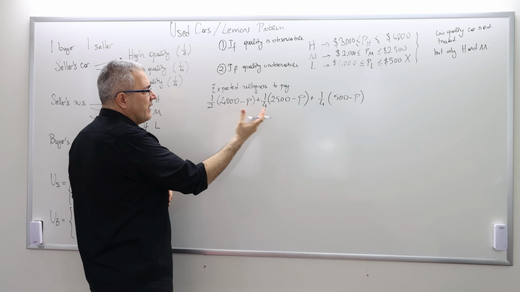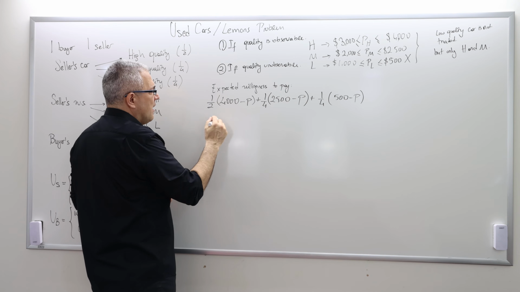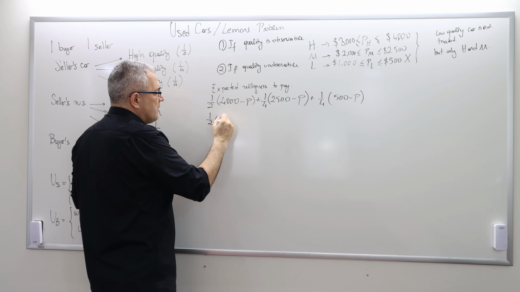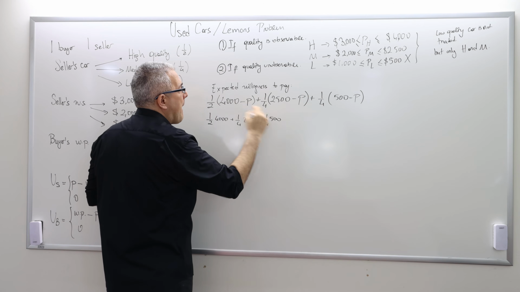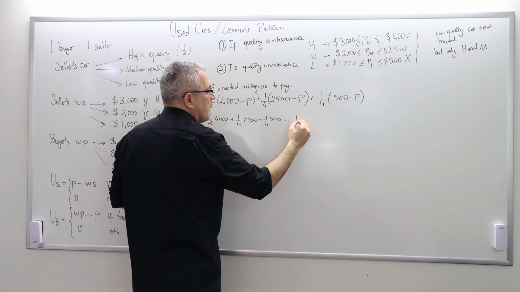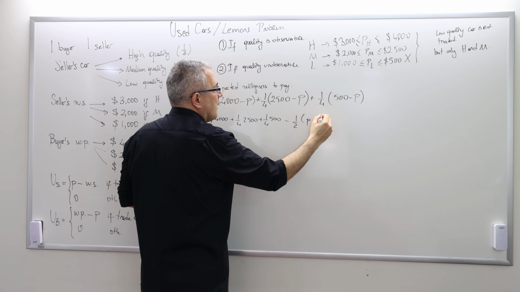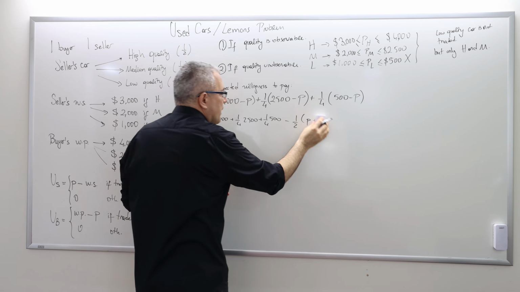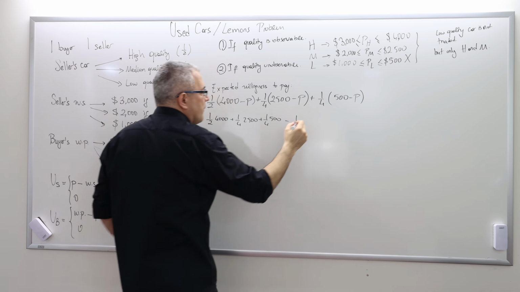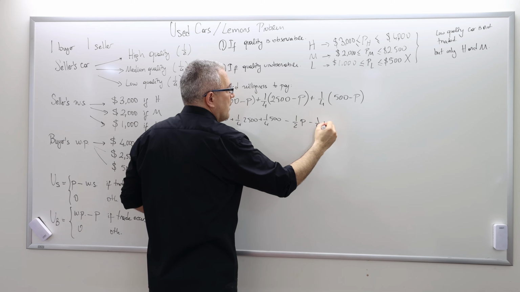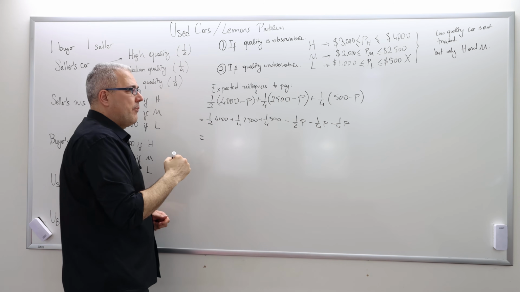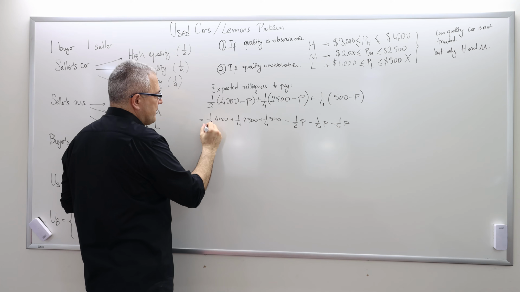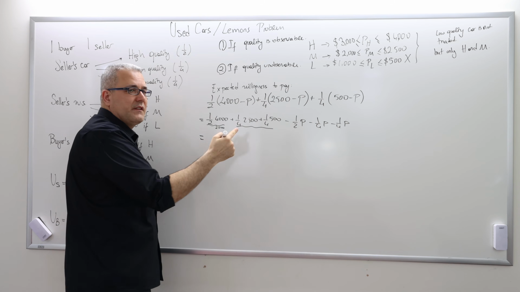Well, if you calculate this weighted sum, what do I have? I have 1/2 times 4,000 plus 1/4 times 2,500 plus 1/4 times 500, minus 1/2 P minus 1/4 P minus 1/4 P. If you sum this up, this is $2,000, and this is 3,000 divided by 4.